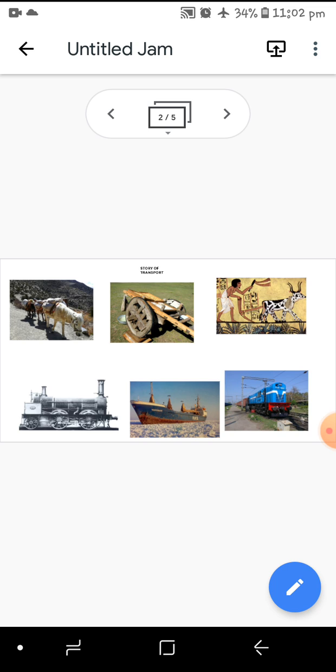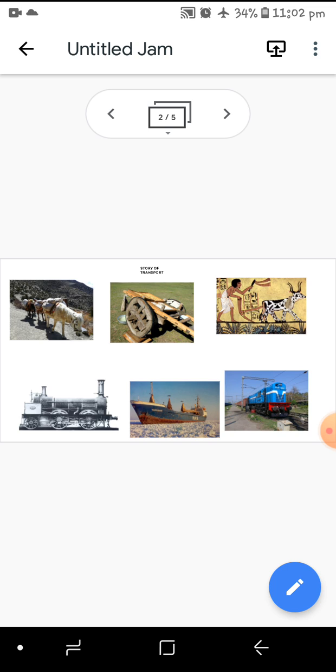Another important pillar in the story of transport is the invention of the steam engine by James Watt. When James Watt invented the steam engine, a new source of power was generated and it led to the development of trains and automobiles. Motor ships were used as a means of transport on water.